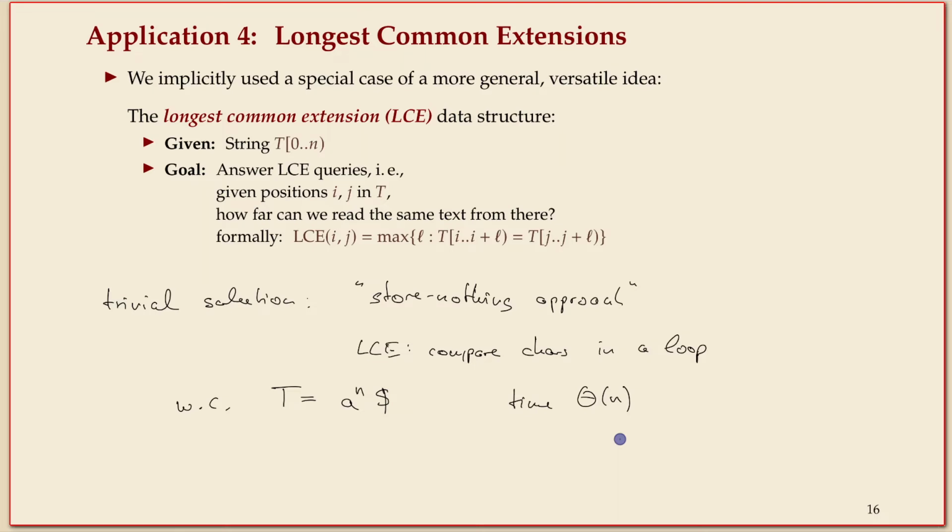It's not very interesting to use the LCE query then, because you could have just done that from scratch. What we'll find is with some pre-processing on the text, you can get much faster. Now the n really here is the L, the output, which is sometimes useful to know. If you can guarantee that the longest common extensions aren't long, then maybe this store nothing approach is good enough.